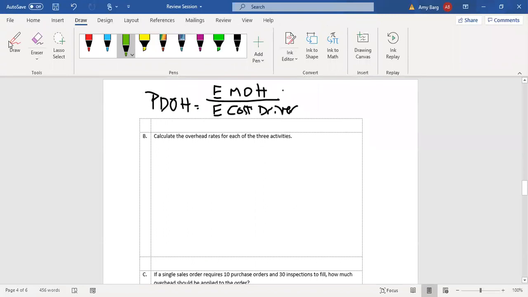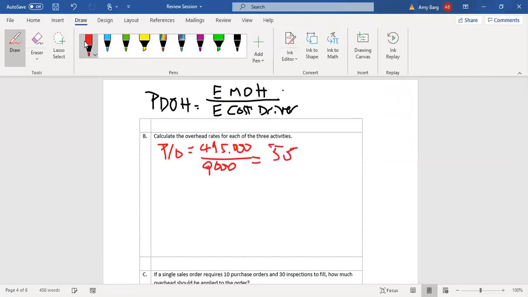So for purchase orders, we have 495,000 divided by the 9,000. We get that it's $55 per purchase order. For the inspections, we know that it's 180,000 divided by the cost driver, 4,000.